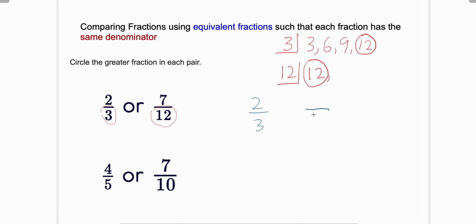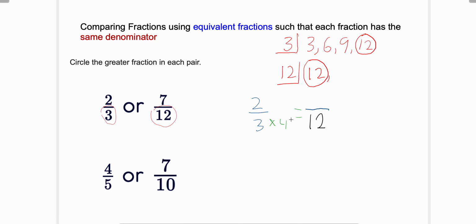All right, 12 is my desired denominator, and I'm looking to multiply this by something. 3 times what will give me 12? Well, if you look at the multiples of 3, that's 3 times 1, 3 times 2, 3 times 3, 3 times 4. So 3 times 4 is 12.